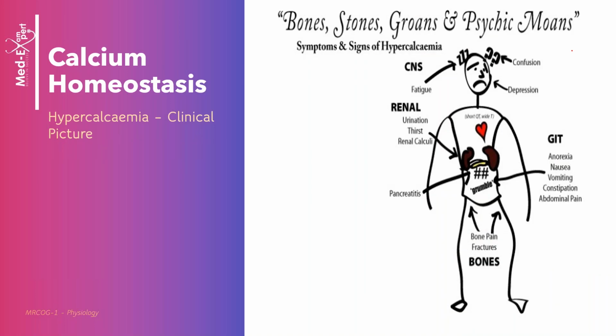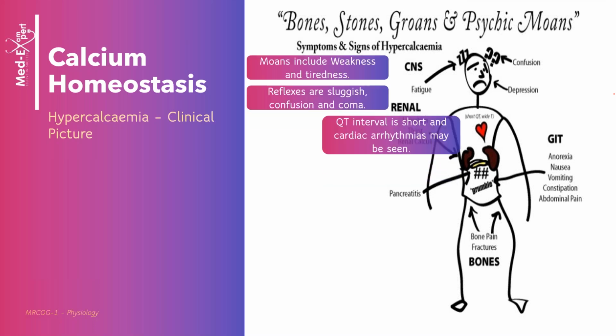The clinical picture of hypercalcemia is very famous: bones, stones, groans, and psychic moans. These are the signs or symptoms of hypercalcemia. The moans include weakness, tiredness, confusion, depression, reflexes are sluggish, and even there is coma.